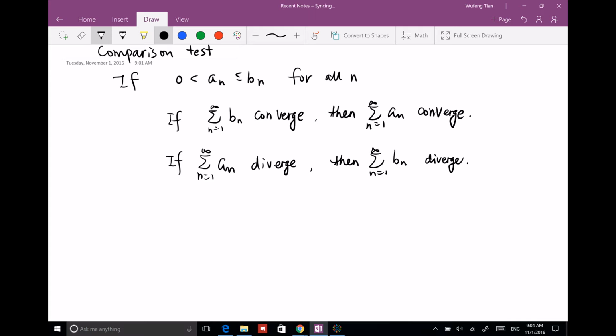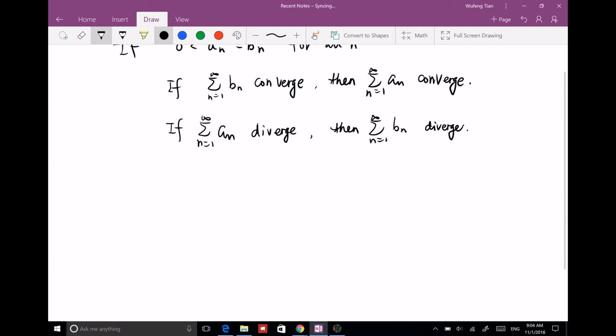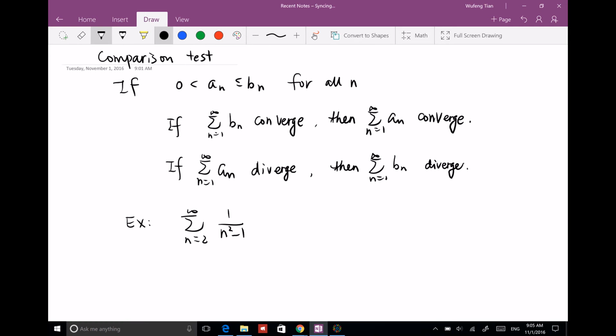So yesterday we had an example. What example? I asked you to find out the series n from 2 to infinity of 1 over n squared minus 1. As yesterday we did this one, and we tried to use this comparison test.